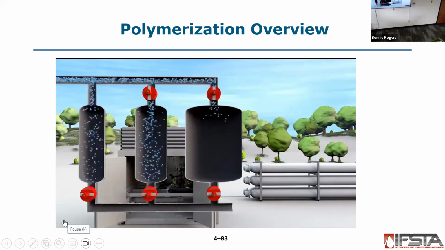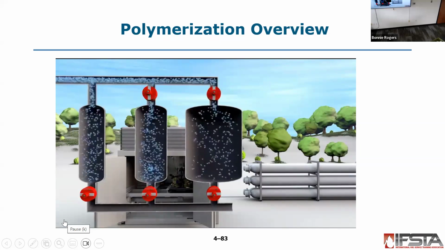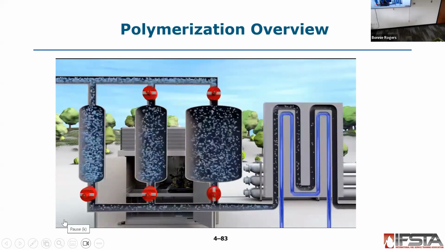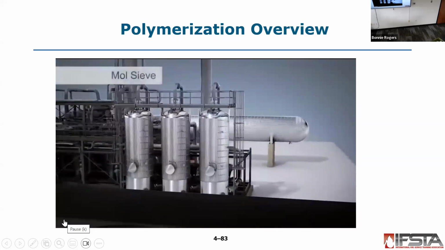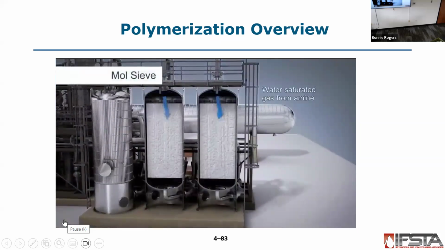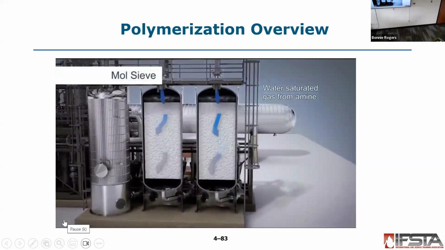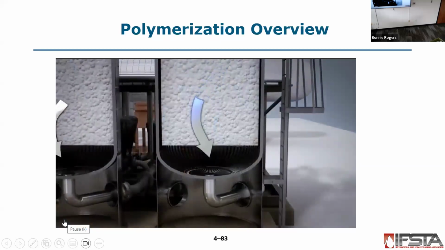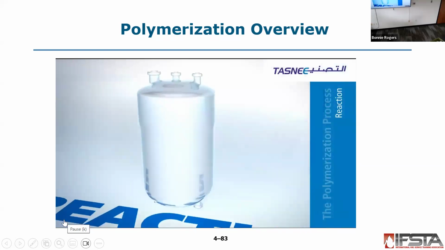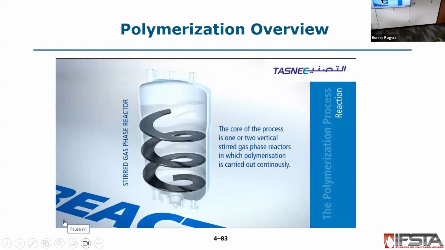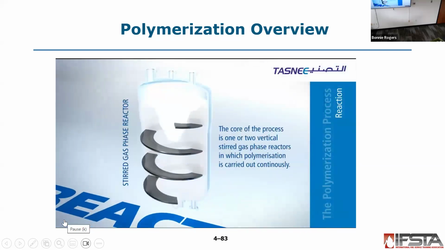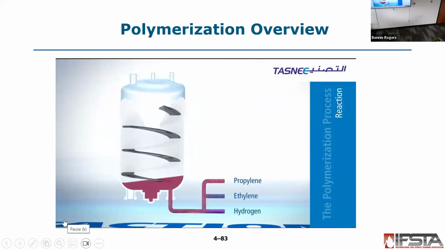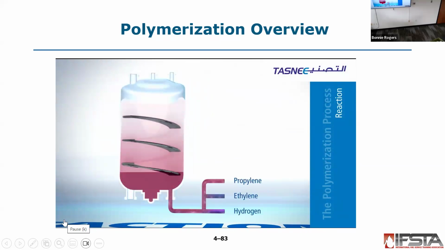Once it's determined what type of plastic or polymer is going to be made, the monomer gas is preheated and ushered into the molecular sieve where water and other contaminants are filtered out by a material called zeolites. The dry gas is now ready to interact with the heart of the system, and that's the stirred gas reactor, where polymerization is continuously carried out, where propylene, ethylene, and hydrogen are introduced to the reactor.